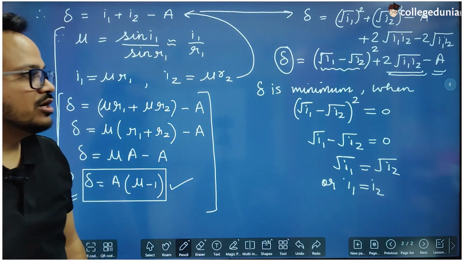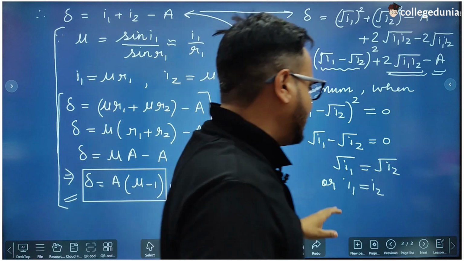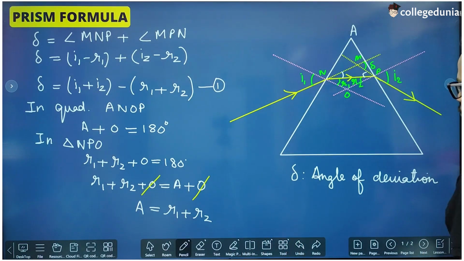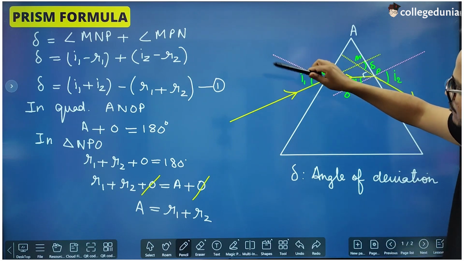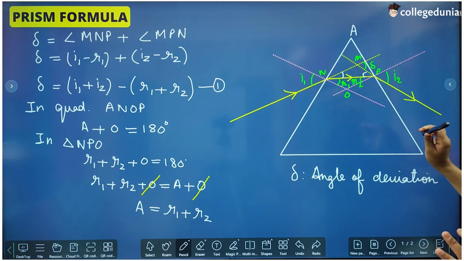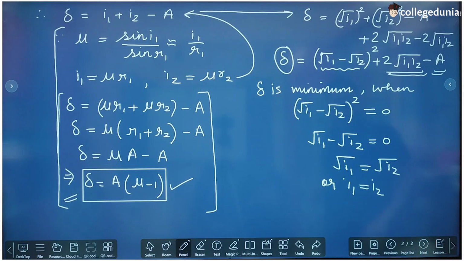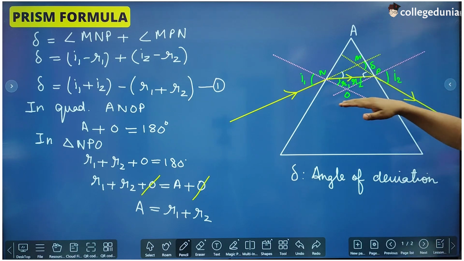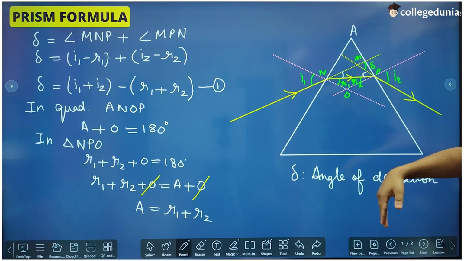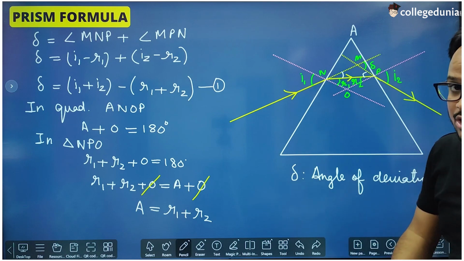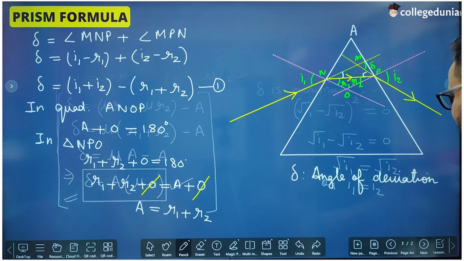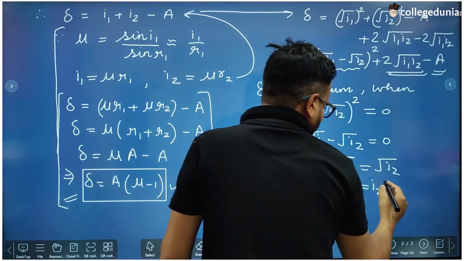So this is a very important result: the angle of deviation has a minimum value when these two angles are equal. This angle is generally called the angle of emergence. Now if you change I1, I2 will also change and delta will also change. Out of all the deltas that you get by changing the values of I1 and I2, the minimum value of delta is when I1 and I2 are equal, that is, when the angle of incidence and angle of emergence are equal.